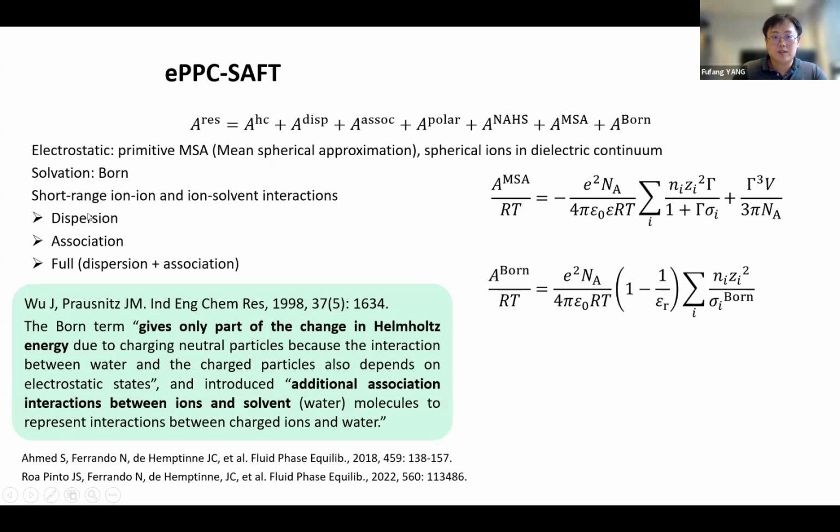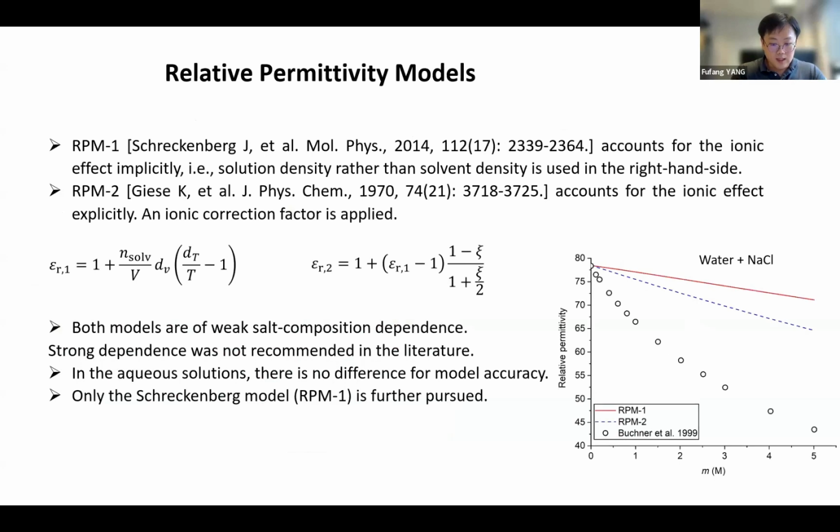In the literature, usually the dispersion approach is used. In this work, we compare if the dispersion, association approach, or using both, would be better. And we also compare the different approaches for the relative static permittivity. We tried two models.